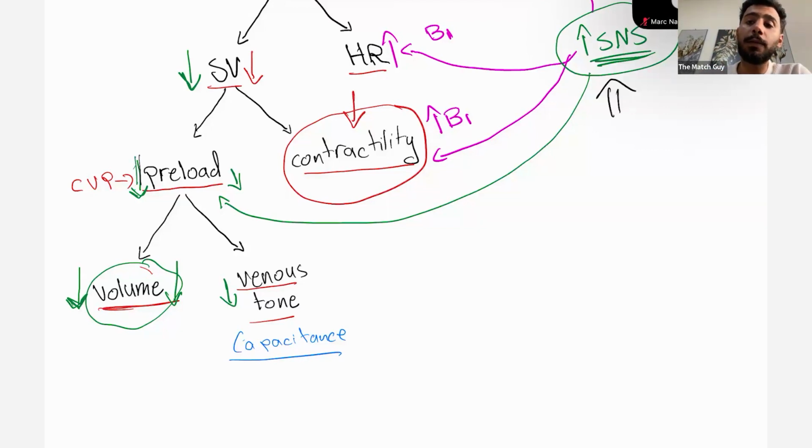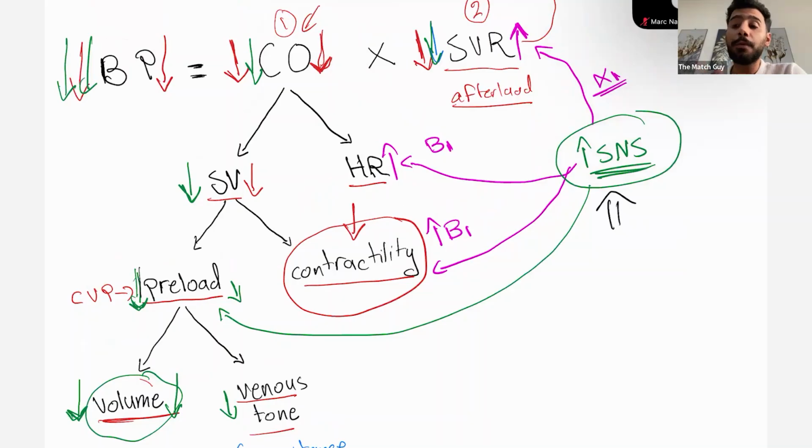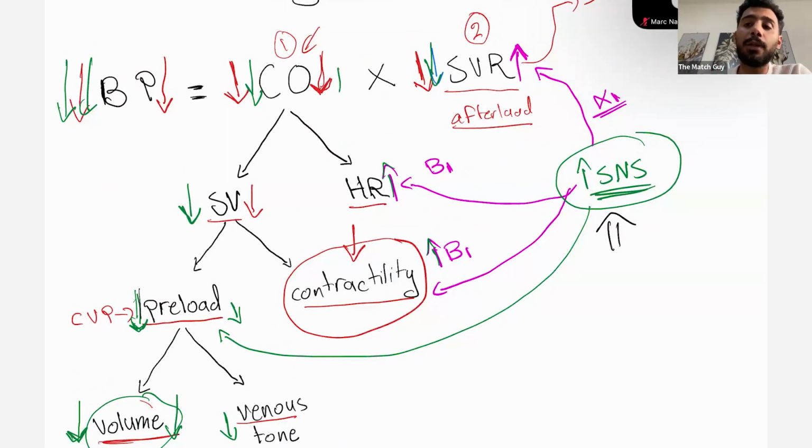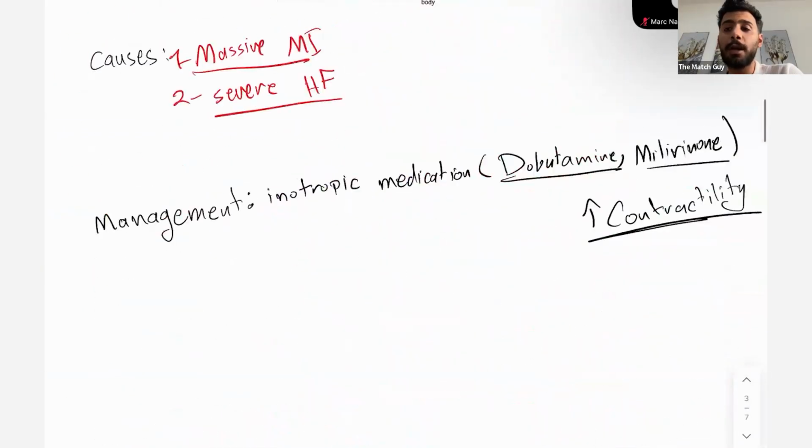This is going to cause a decrease in the preload, but through the responses of the sympathetic nervous system, like increasing the contractility and increasing the heart rate, we might be able to actually cause the heart to be pumping more blood. So cardiac output is going to be high in early septic or distributive shock.